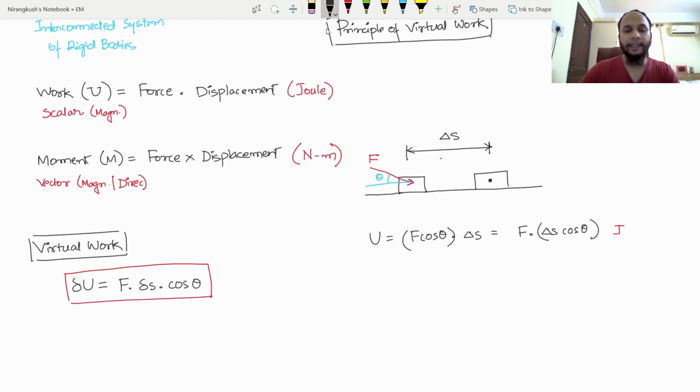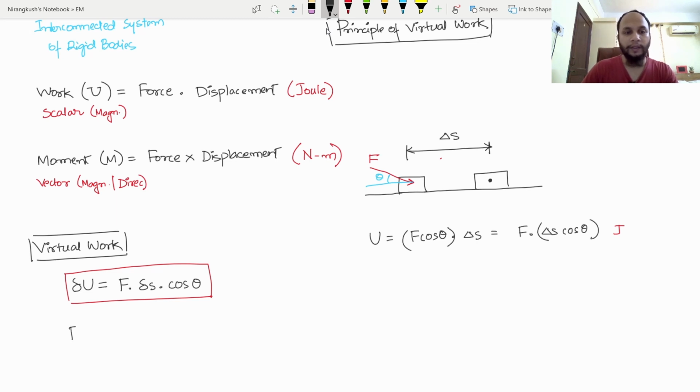Basically, the idea is for interconnected system of rigid bodies, since the equilibrium is not exactly clear, we make a virtual displacement, this, and we figure out the most correct equilibrium.